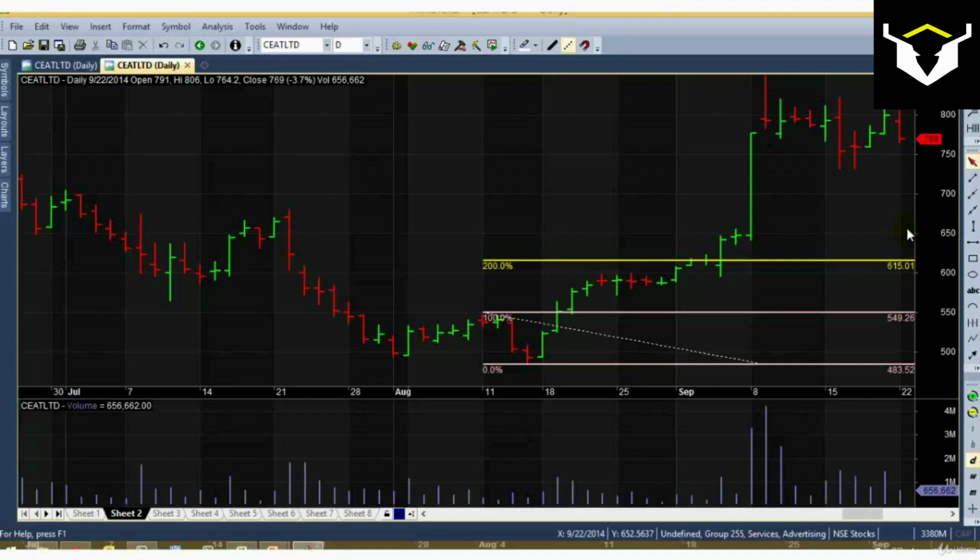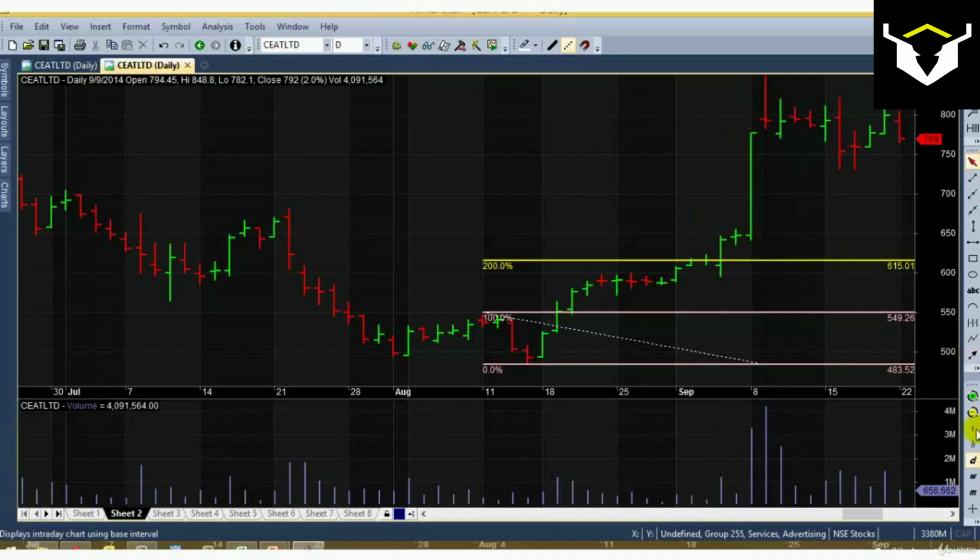As you can see here with our example of CAT Limited, although the target projected was 615, that is 100% of the height from top to bottom, projected from the top to the upside, you can see prices went all the way till 800, and again the explosion was very spontaneous, very quick. It only took 4 more days to reach the level of 800.